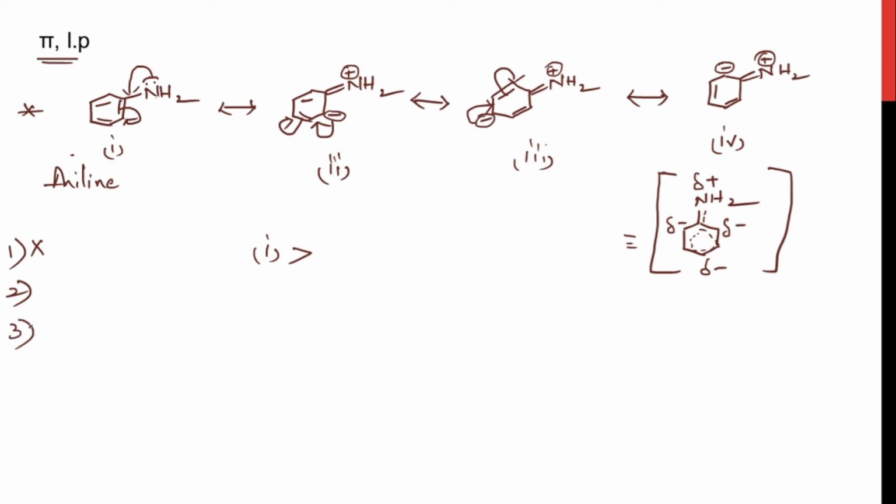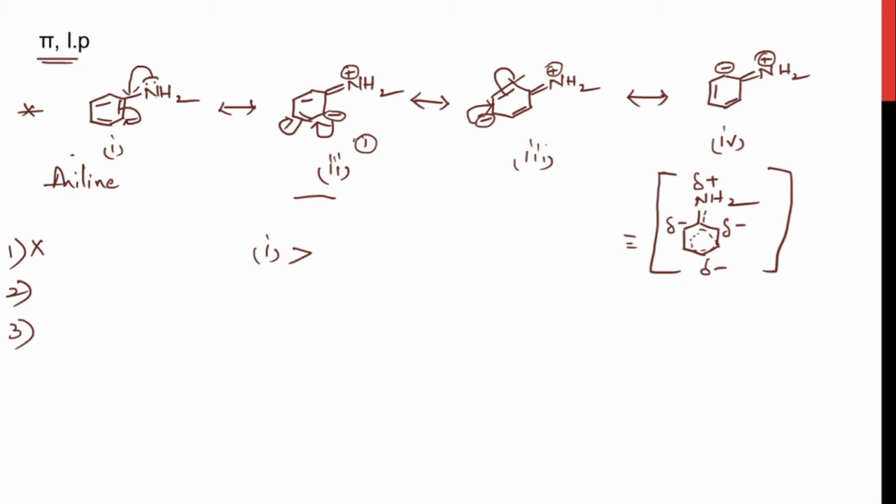Coming to the third rule, which says the unlike charges should be close to each other and the like charges should be far from each other. In all these 3 resonating structures, you can see a positive charge and a negative charge. In the second resonating structure, there is one atom between the negatively charged atom and the positively charged atom.